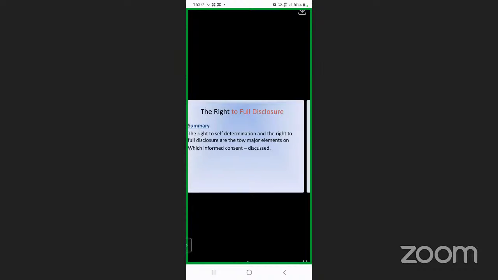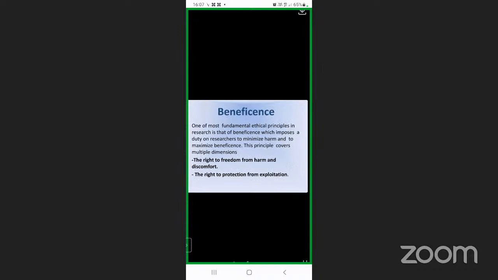Then next, beneficence. It is one of the most fundamental ethical principles in research, which imposes a duty on the researcher to minimize the harm and to maximize the benefits.